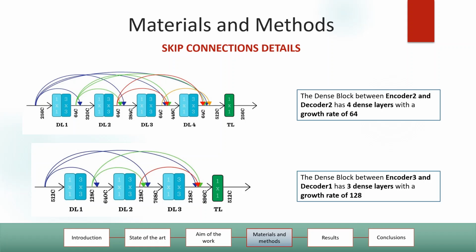The dense block between encoder 2 and decoder 2 has 4 dense layers with a growth rate of 64, while the dense block between encoder 3 and decoder 1 has 3 dense layers with a growth rate of 128. Finally, in both dense blocks, a transition layer is added to reduce the number of feature channels.